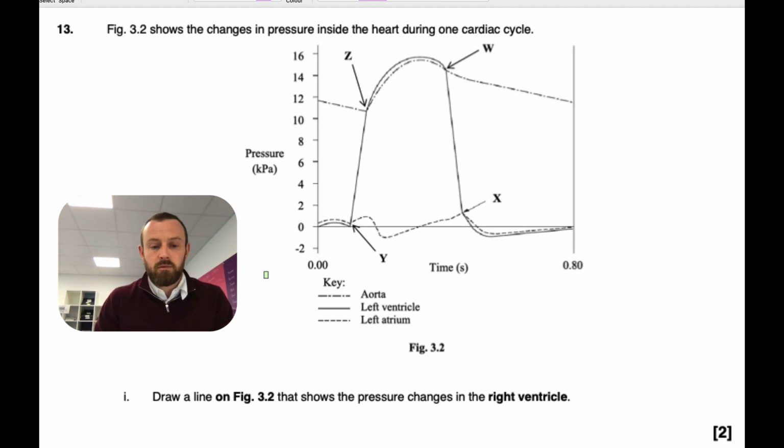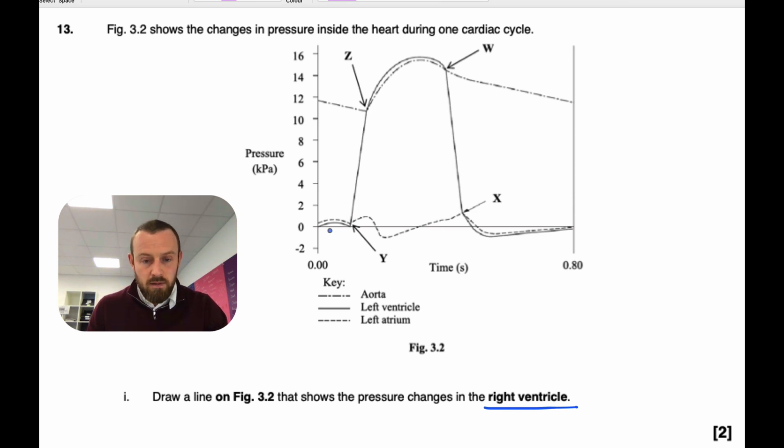All right, this question is about, sorry, not the control of the heart cycle. It's about pressure changes in the heart. First of all, the question asks you to draw a line, let's draw it in blue, that shows the pressure changes in the right ventricle. You need to remember that the right ventricle pumps with a lower force than the left ventricle and achieves a lower pressure.